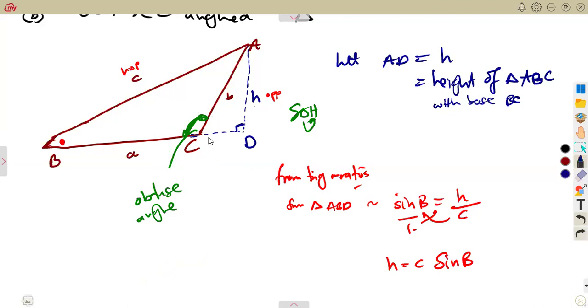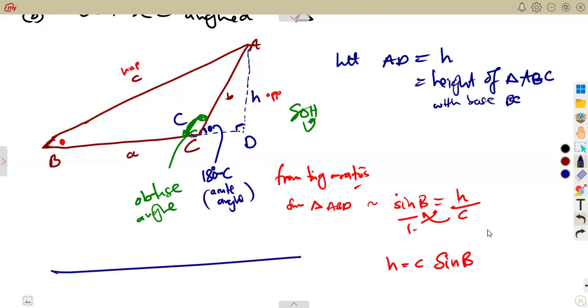But in this case, we do know that this angle, which is our obtuse, is the angle C. That is the angle C that we are given. Just like we are given 120, what was going to be this angle, which is the acute angle in this triangle? It was going to be 180 degrees minus C. And that is an acute angle.